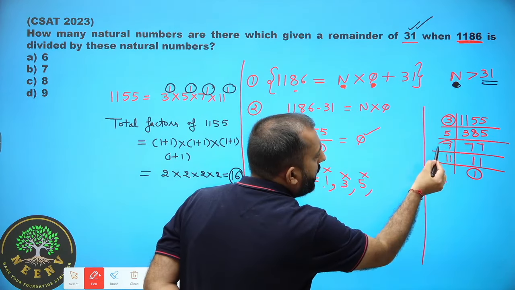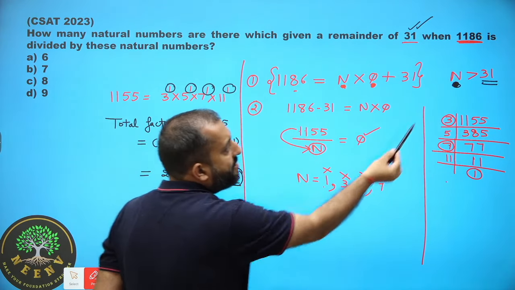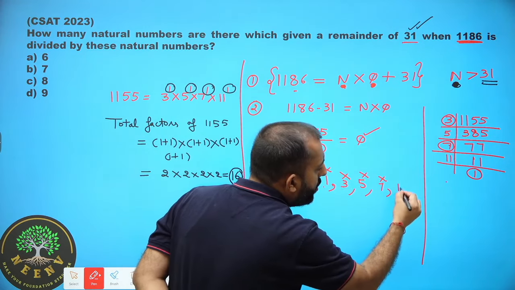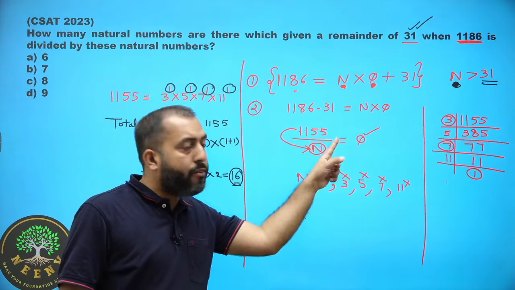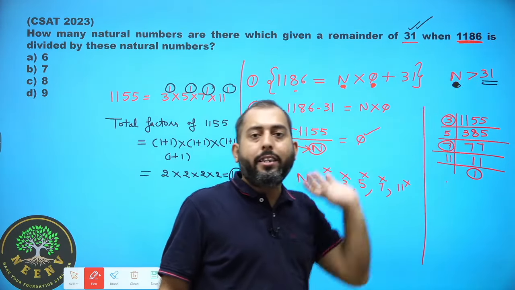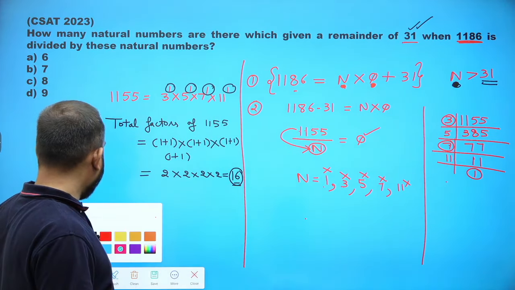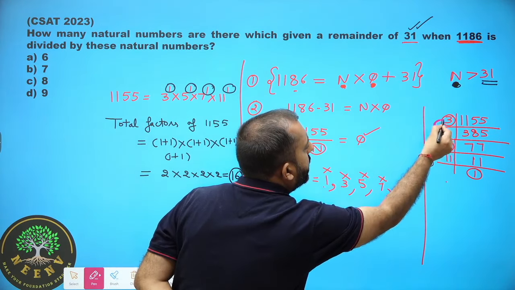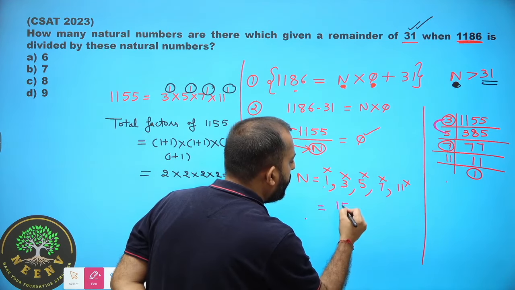Now, the value of n cannot be 7, because 7 is still less than 31. The value of n cannot be 11. Why? Because 11 will divide 1155, but 11 is less than 31, so it should not be considered. Further, n cannot be equal to 15.